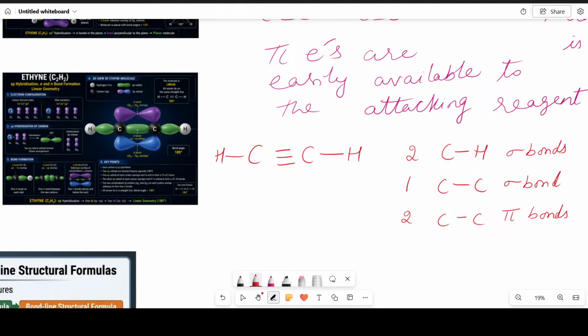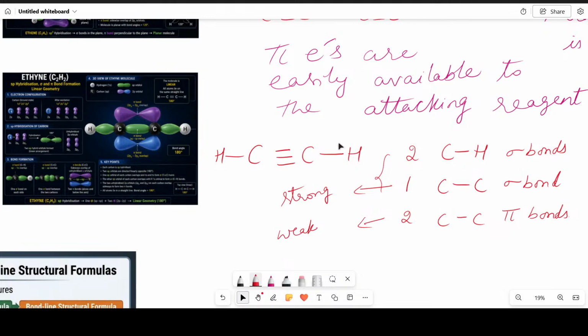So here the sigma bonds are very strong. Carbon carbon sigma bond is a very strong bond, whereas the 2 carbon carbon pi bonds are weak. Clear?